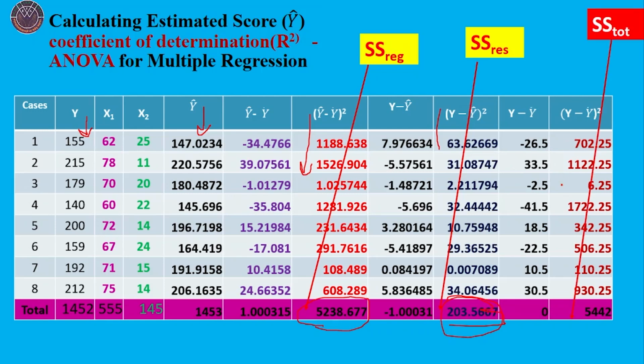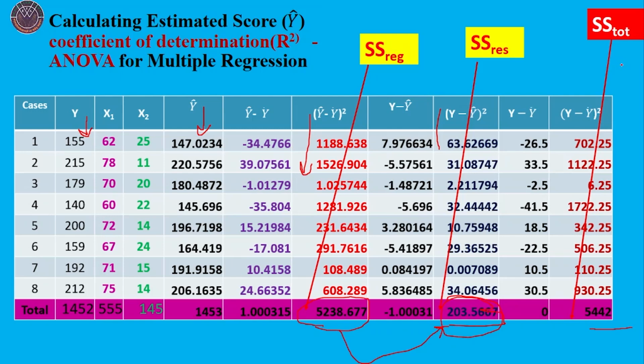If you add these two values also, you will obtain this particular value. So we have got the regression sum of square, the residual sum of square, and the total sum of square.